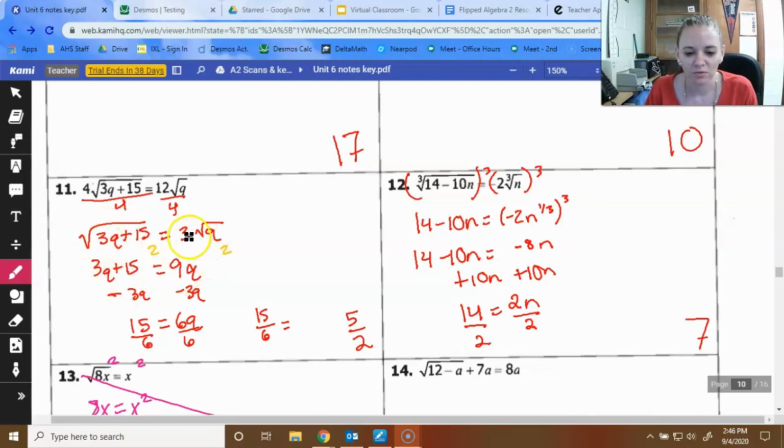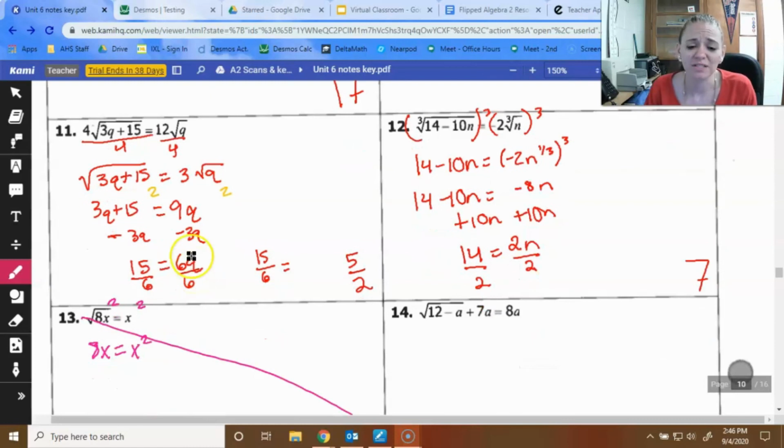Squaring this side will square both items. So I squared the 3, which became a 9, and squaring radical cube got rid of the radical. So that's nice. I mean, it still eliminates the radical on both sides. And then you move the q's to the other side, divide by 6, end up with 5 halves, and either graph in Desmos or plug it back in to make sure you get an equal equation.